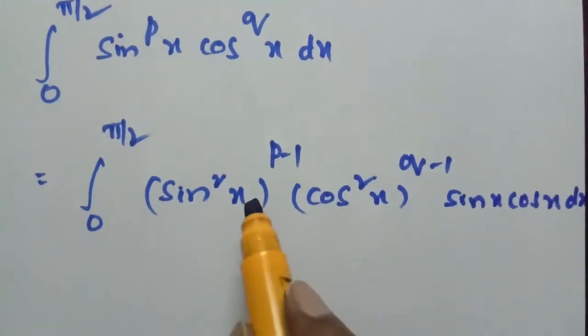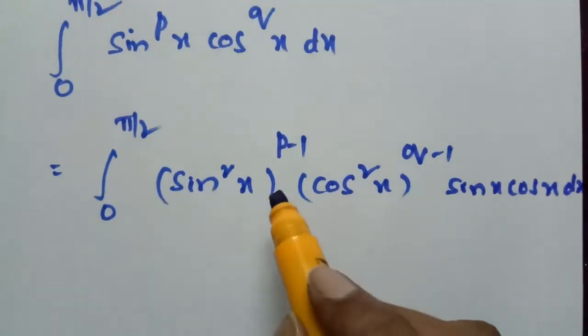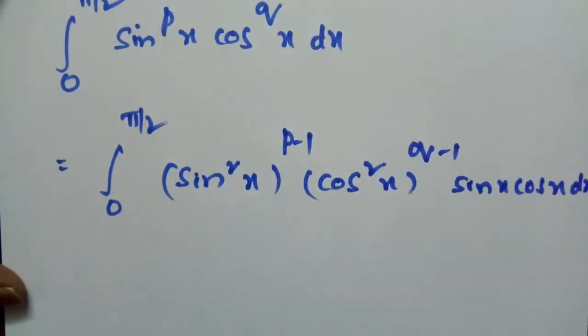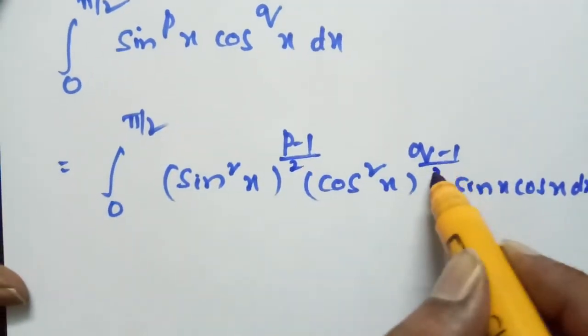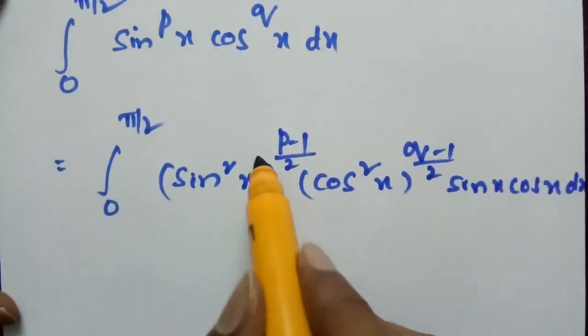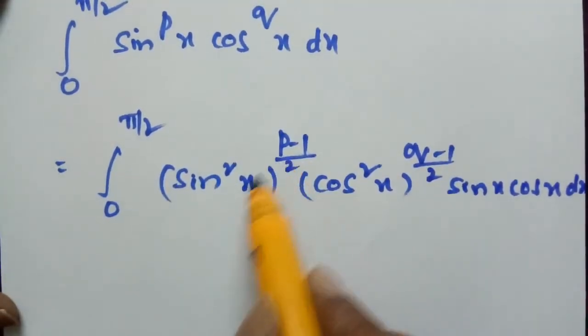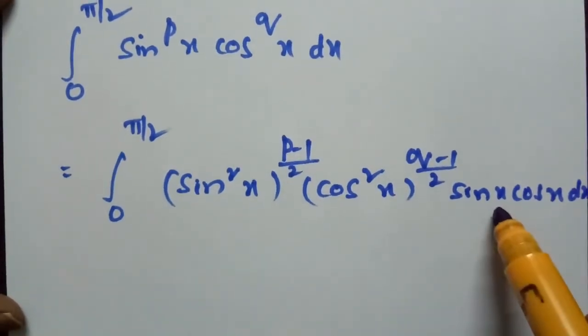Therefore, see here, (sin square x) whole to the power of (p minus 1) by 2. The 2 gets cancelled. So, sin to the power of p minus 1 into sin x.